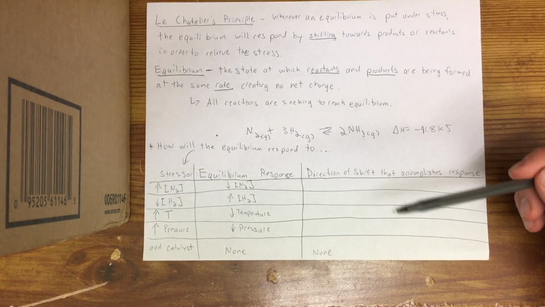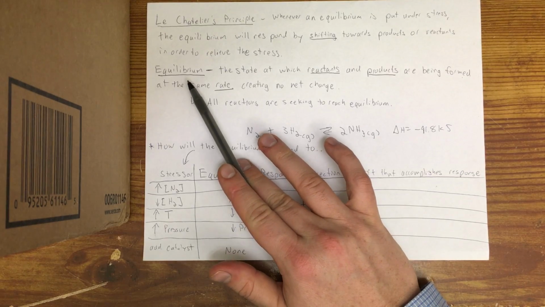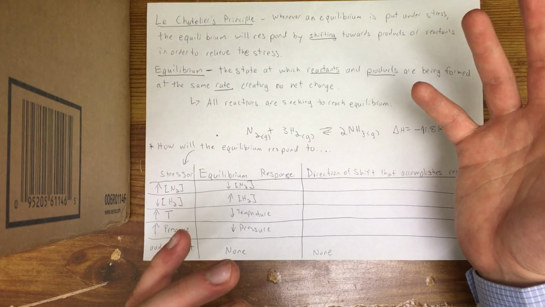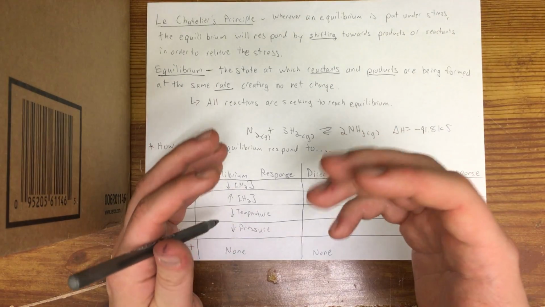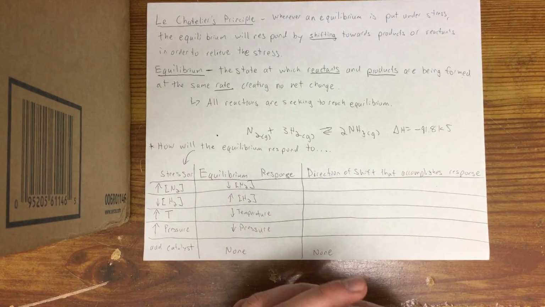Before we get too far into that, let's just refresh our definition of an equilibrium. And that definition is a state in which the reactants of a reaction and products are both being formed at the same rate, leading to no net change.